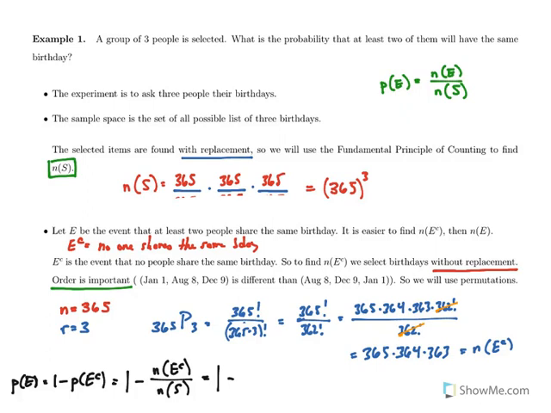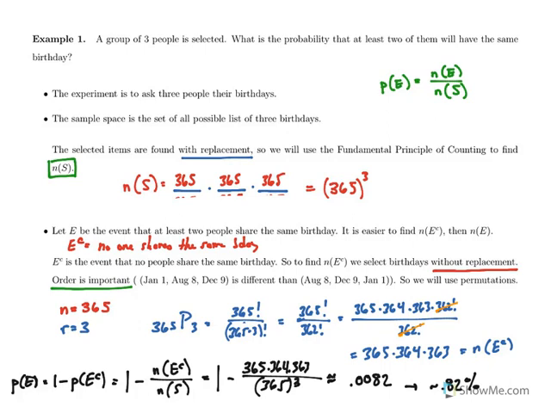And that's going to be 1 minus 365 times 364 times 363 over 365 cubed, which is about 0.0082. So that's about 0.82%, which is not a whole lot of chance that could happen.